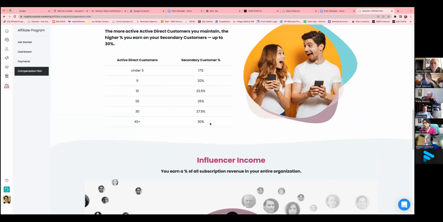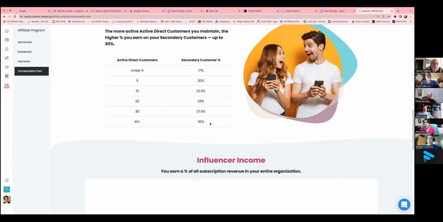Now, you can take that in bite-sized pieces, and we recommend that. So 5 more, 10 more. Follow the path here on the chart: 5, 10, 20, 30, and 40. If you eat the elephant, you do it 1 bite at a time. You don't go, oh, I just got to go find 40 people.